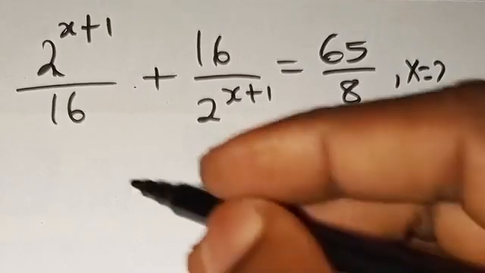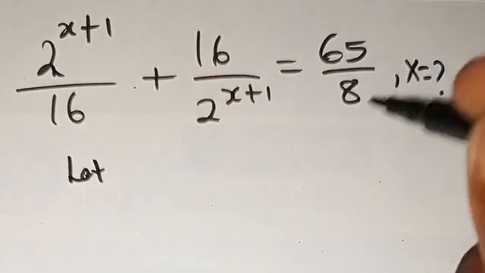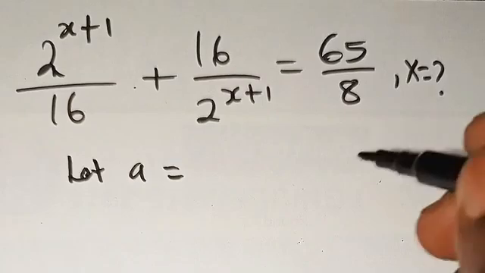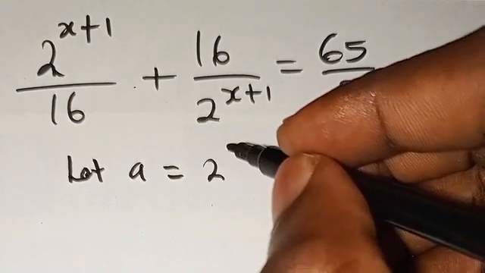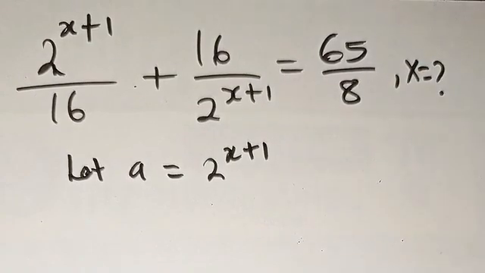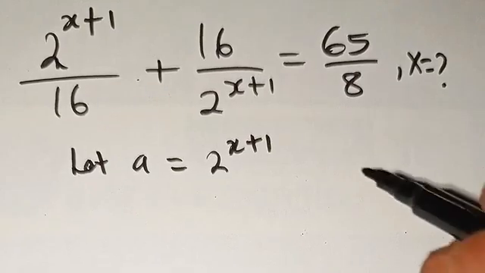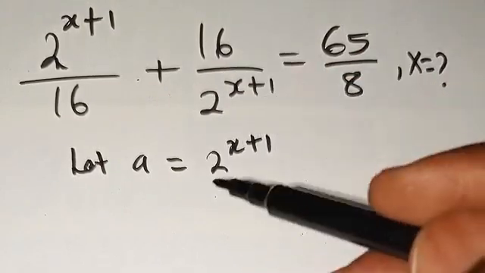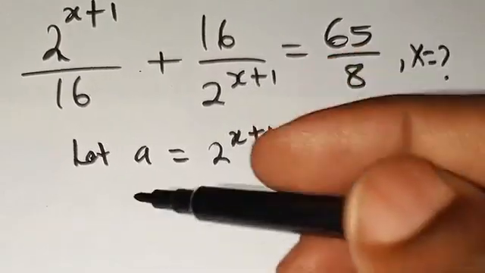So let a be equal to 2 to the power of x plus 1. If a is that, therefore we are going to replace 2 to the power x plus 1 by a in this equation.